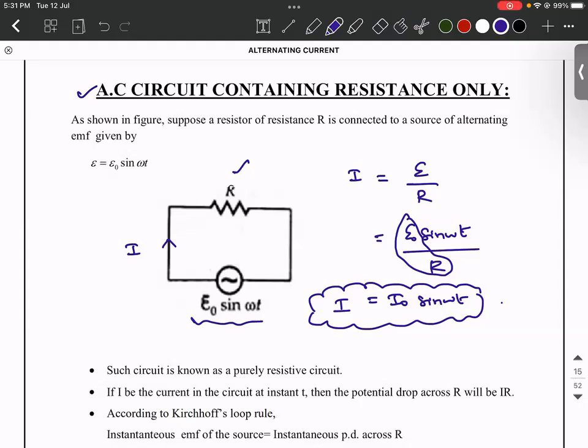From this expression, the important point that we can conclude is E and I have the same phase angle, right? Because E is also in omega t, I is also having omega t.